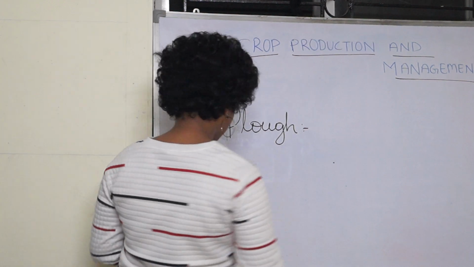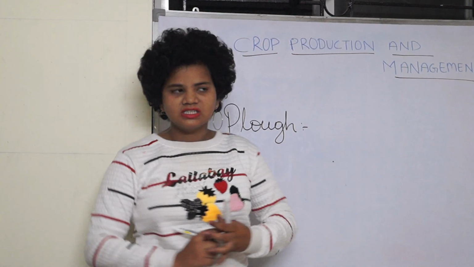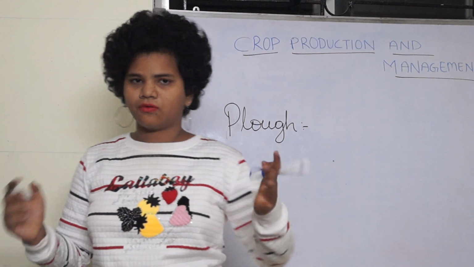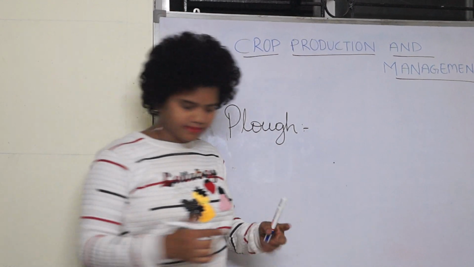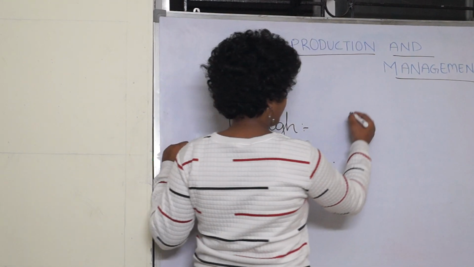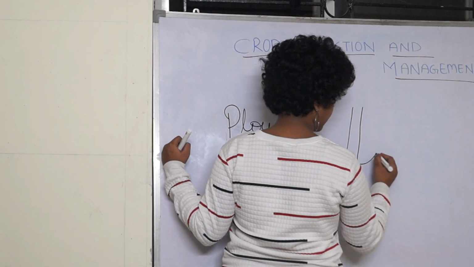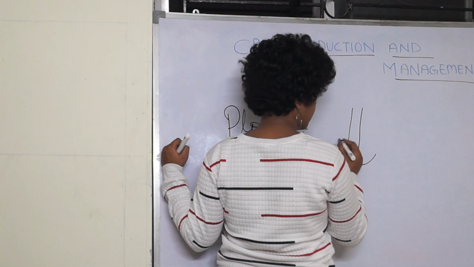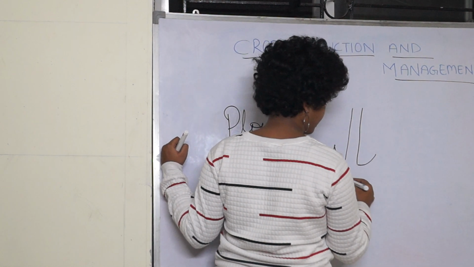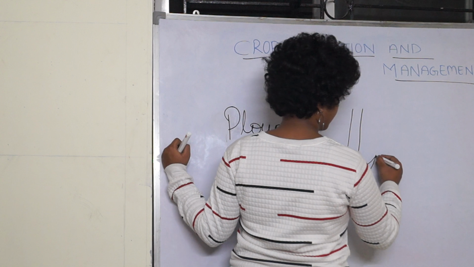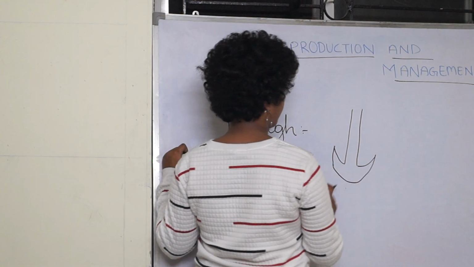Understood? Now, what is the shape of the plow? What does the diagram of the plow look like? Let's see. It seems like this. This is the shape of the plow.